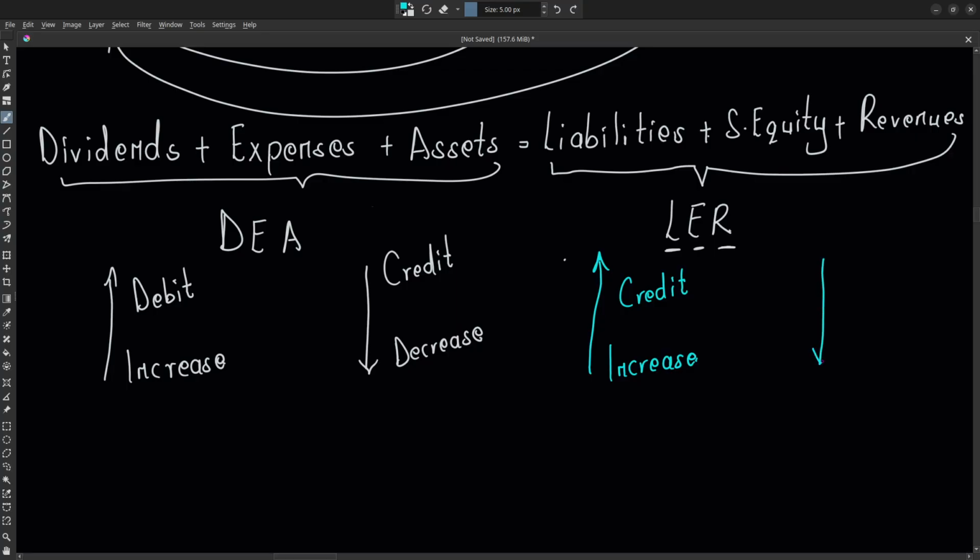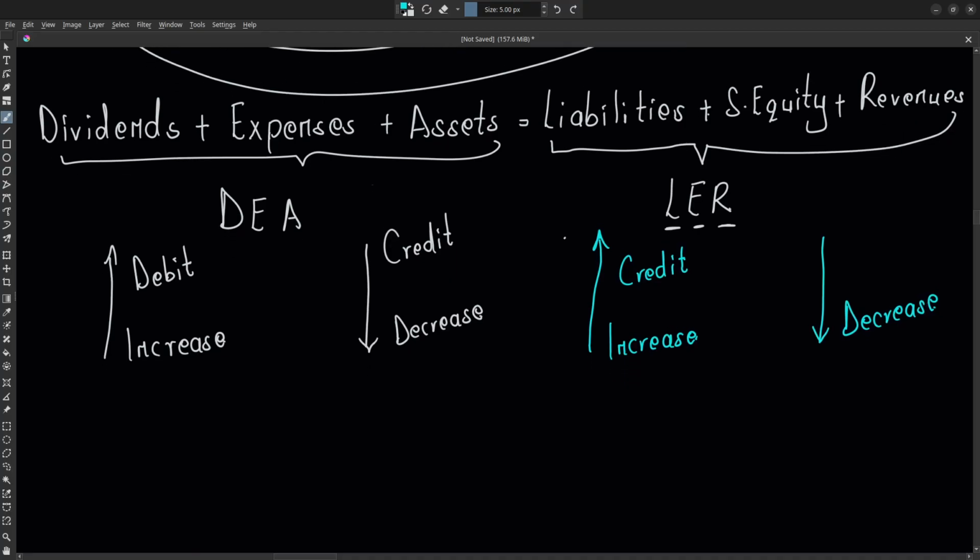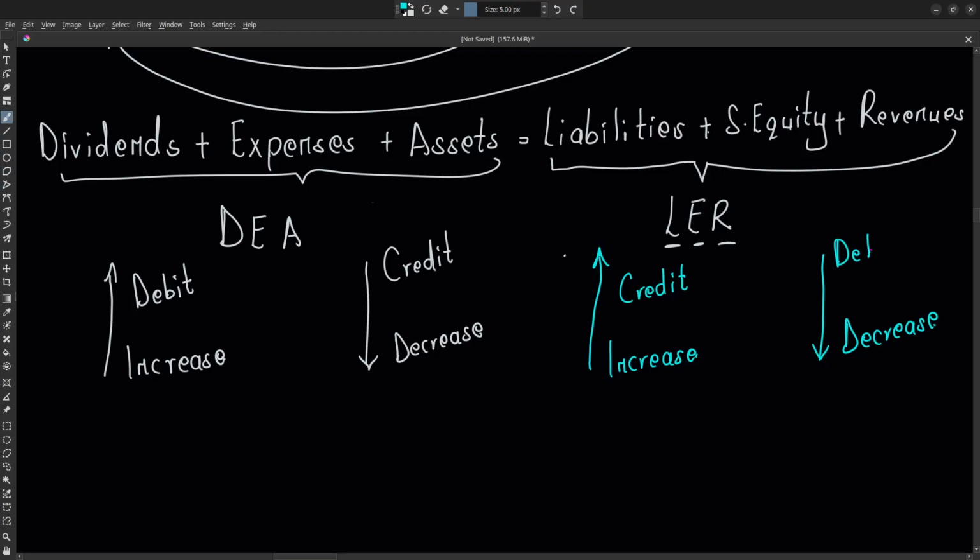And when you want to decrease that account, let's say for example you have paid that loan a certain amount during this month and you need to recognize that decrease, what you do is you debit that account. Okay, so note the difference. For these accounts, you debit to increase, but for these accounts, you actually credit to increase. So it is the opposite. And with that, you'll be able to know when to debit and when to credit an account, depending on the transaction given.